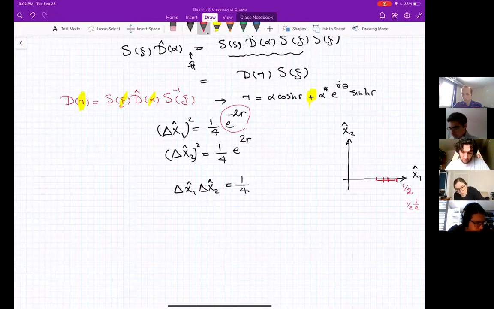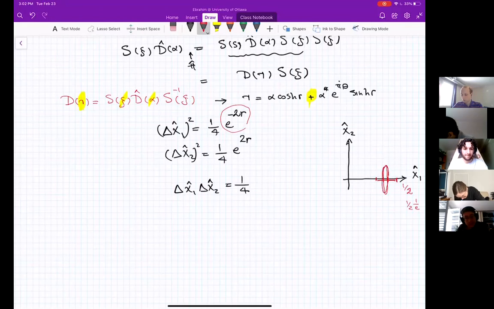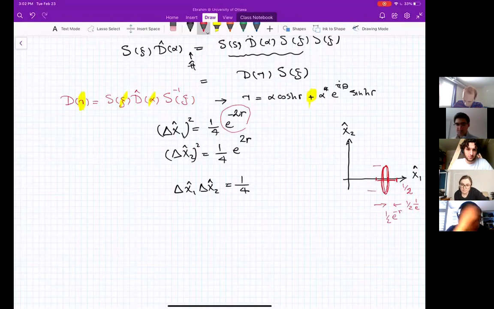While along y or x2, essentially that will be expanded in such a way that the area is fixed. So it will be like this. Okay, so this side is reduced to 1 divided by 2 e to the power of minus r, while in that direction it is expanded.